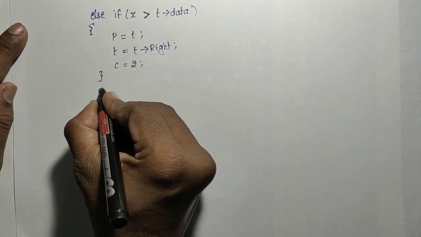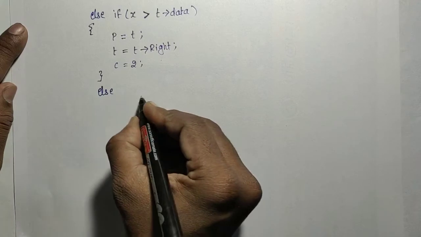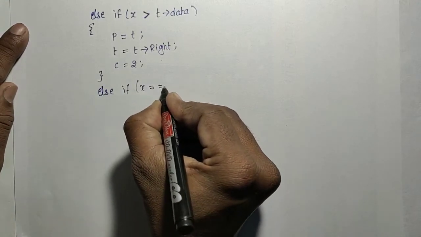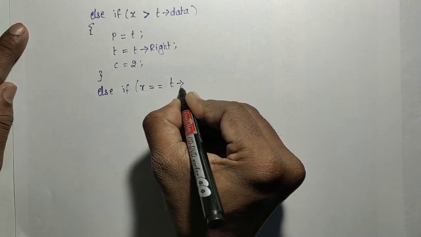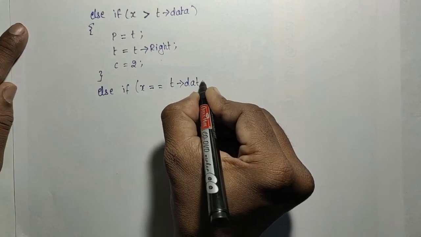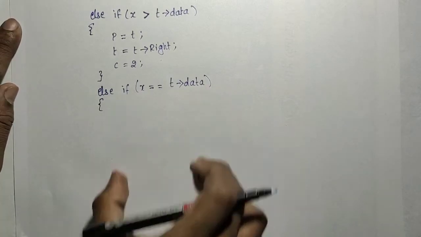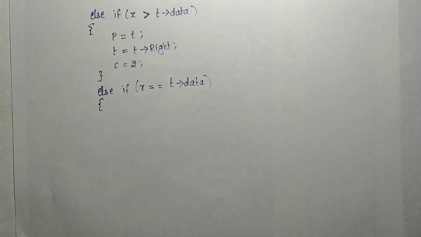The third case is what? Else if x equal to t of data. That is the third case. That is our code. The deletion code is going to be written inside that block.